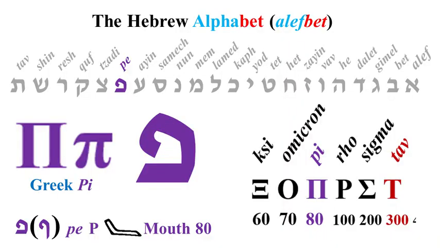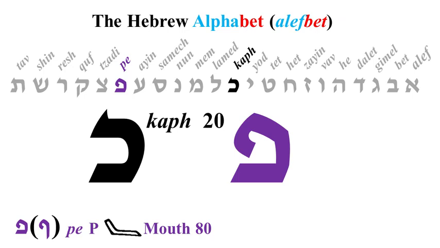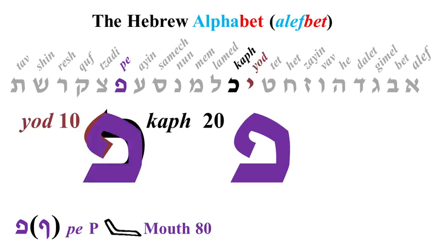P in the Greek is the letter pi, or as a lot of foreigners pronounce it, P. To make a Pei, you start with a Kaf, and you add a yod. Got it? Nice.